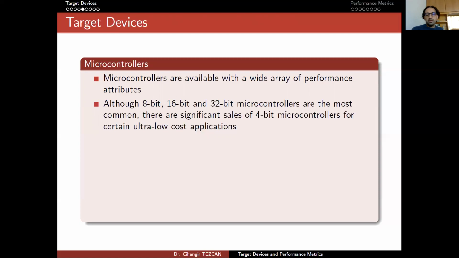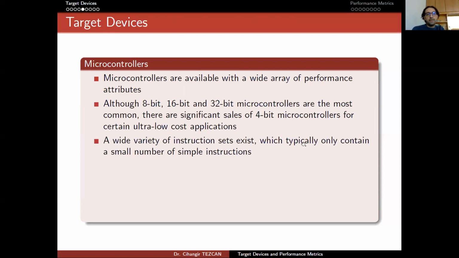And we mentioned this before, because this is a cost-sensitive operation. If you are going to build millions of devices, you don't want to use a 32-bit microcontroller if you are not going to need it. So you need to go with a cheaper alternative if it fits your needs.